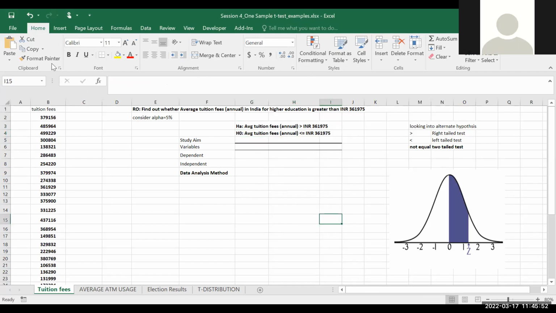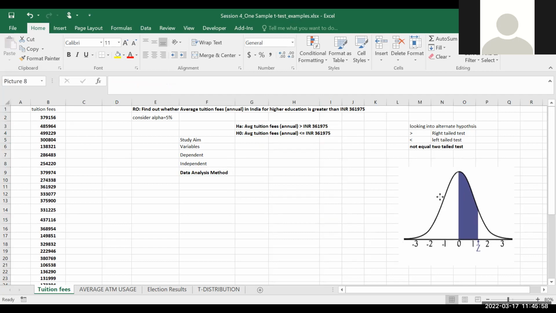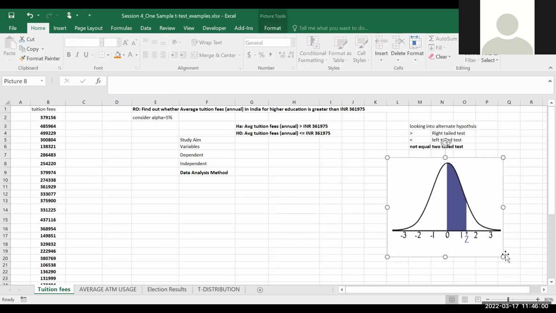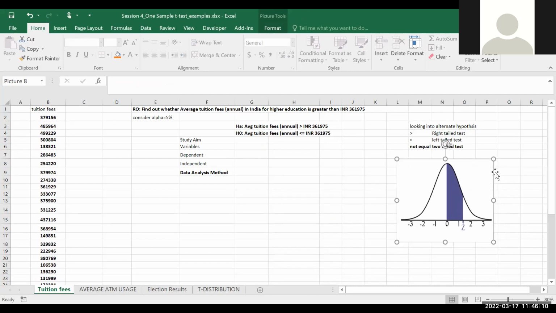Sir, if the company claims that in a 500-gram bottle the quantity they are giving is 450 ml, this is what the company is claiming, but I believe that it's less than 450. So my alternative hypothesis will be less than 450.